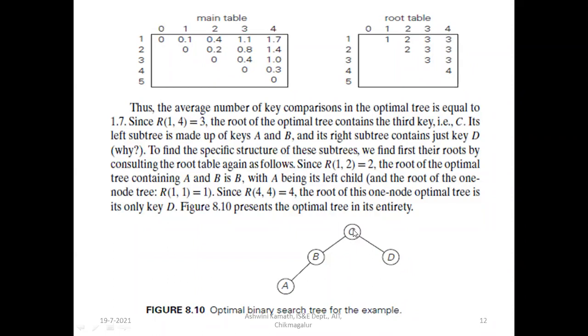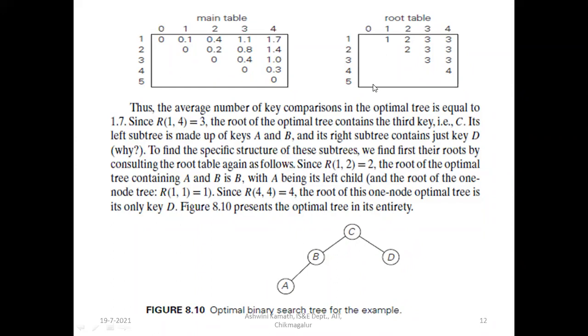Since it is a binary search tree, A and B will come on the left of C and D will come on the right of C. Again we have to check with the root. If I consider A and B, I need to check which one is the root, whether A is the root for the left subtree or B is the root for the left subtree.